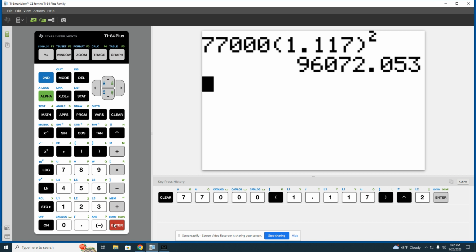So it's going to gain some pretty good momentum at 11.7%. So after that short amount of time, it's going to be valued at $96,072.05. And there it is.